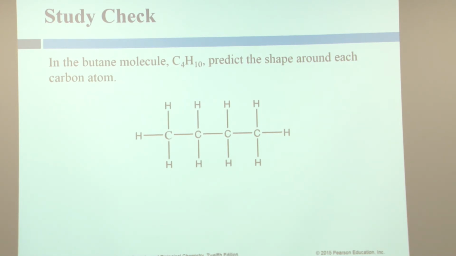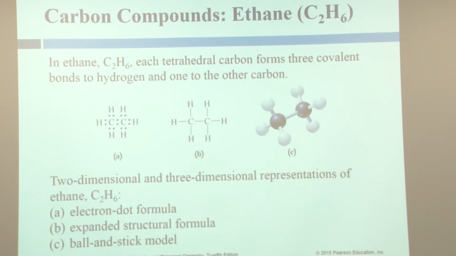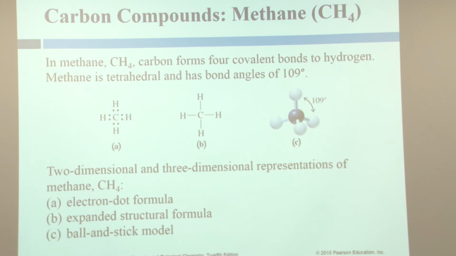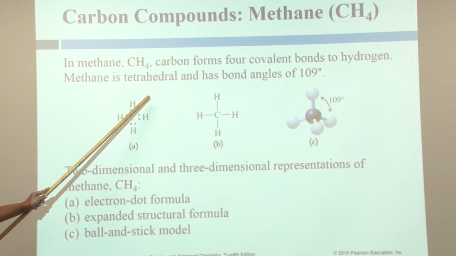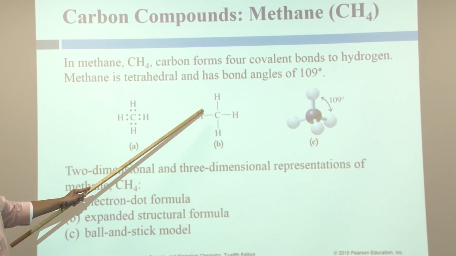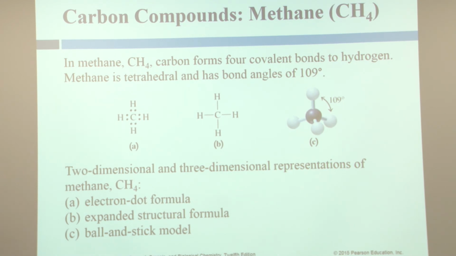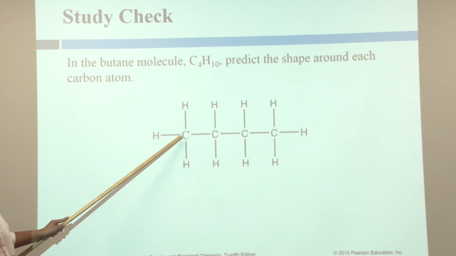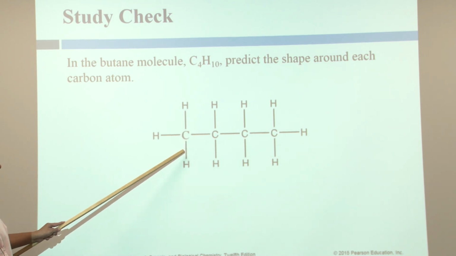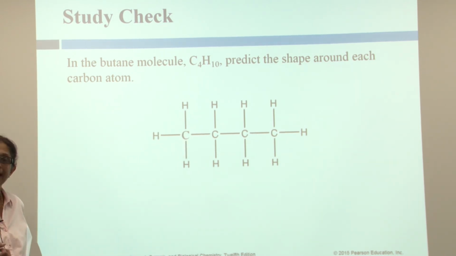Now, what will be the shape around each carbon in this structure? Let me go back to another slide where they talk about that. In methane, carbon forms 4 covalent bonds. Methane is tetrahedral. Every carbon with 4 bonds is always tetrahedral in shape. Why is an atom, here carbon, with 4 bond pairs of electrons tetrahedral?